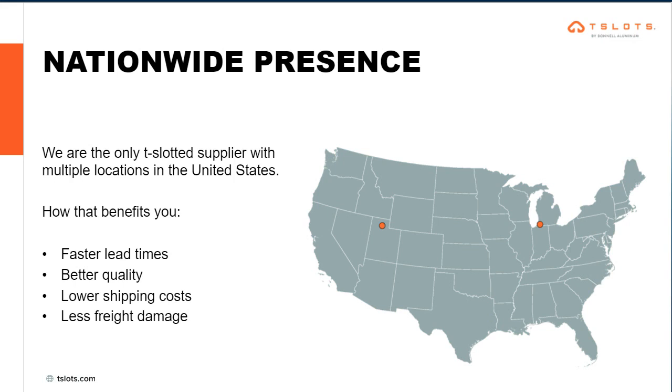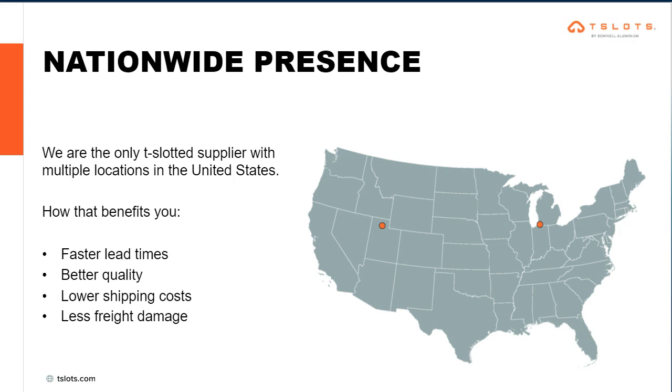And so being able to ship, let's say on the East Coast, is going to be huge to have it come out of Niles, because you're not having to travel three quarters across the U.S. to be able to get your material. So that's going to lower your shipping costs, and it's going to lower your shipping time as well. Instead of waiting sometimes 2 weeks, 3 weeks, you're going to be able to get something possibly in days.